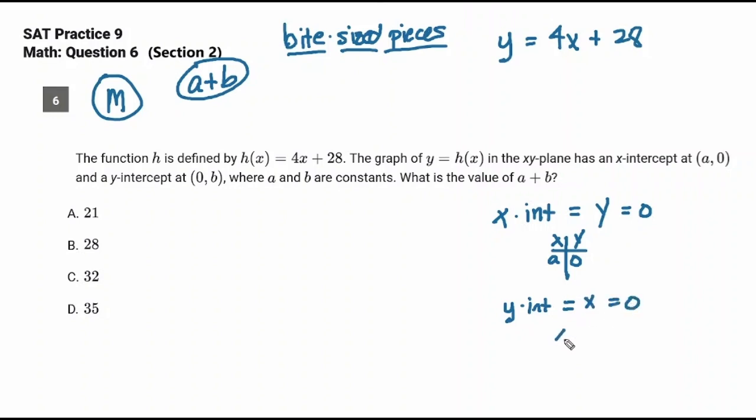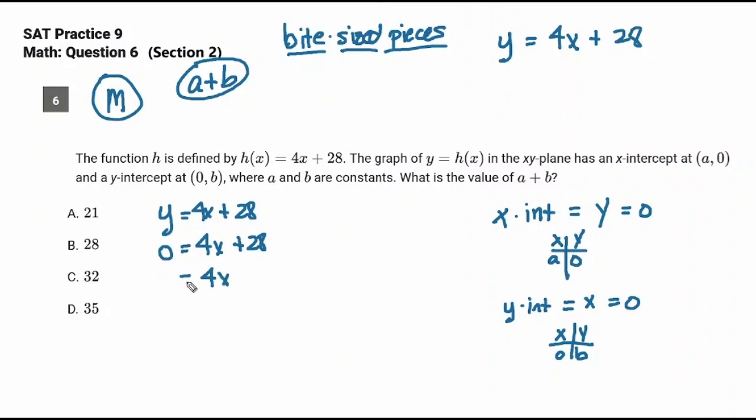So again, if you think about it on the xy plane, 0,b, what's y? It's b. So all you got to do is plug in 0 for y and 0 for x. And you're going to have this problem solved really easily. So let's write y equals 4x plus 28. Let's make y 0 equals 4x plus 28.